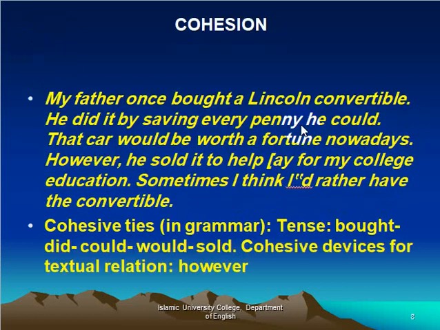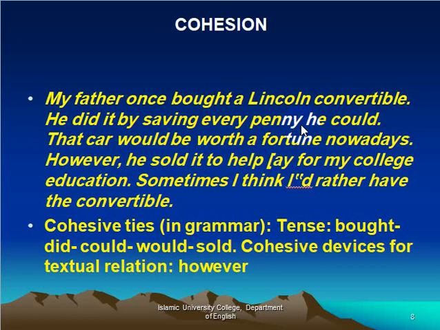Now, in terms of the grammatical cohesive ties, we will find tense: bought, did, could, would, sold, and other cohesive devices for textual relation, like however. It connects the elements of the text.